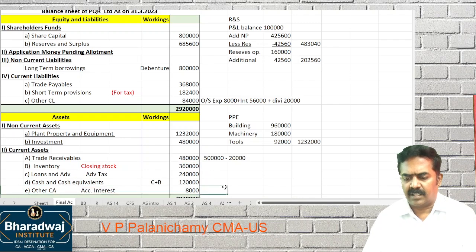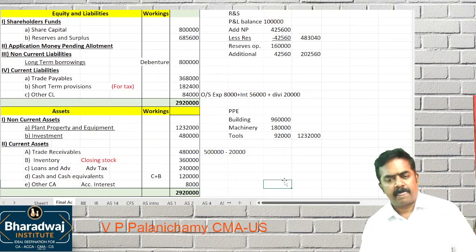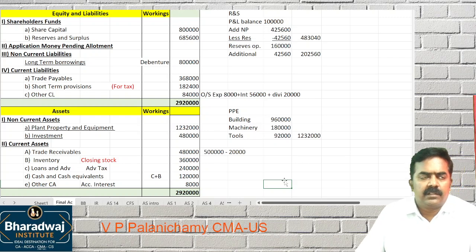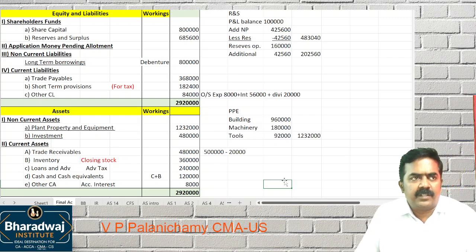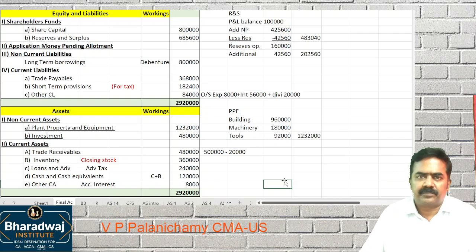Then other current assets will have what? Accrued interest. This question is a little different because depreciation is already given in the trial balance. All your outstanding expenses are already given in the trial balance, so we take it directly to the balance sheet.